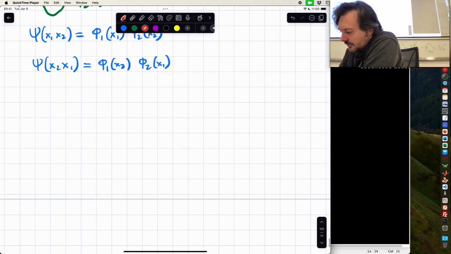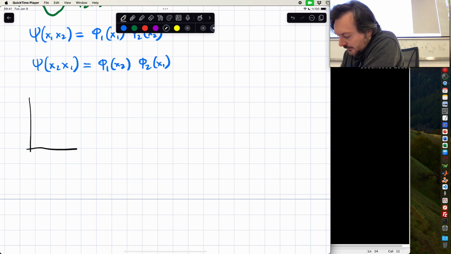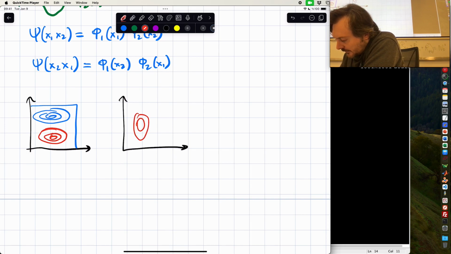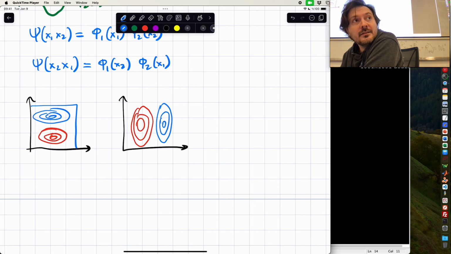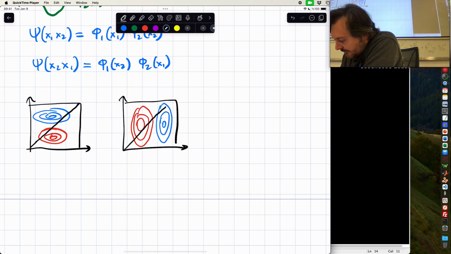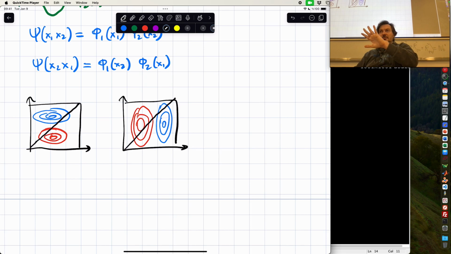Now, the other two functions that we have seen today, one of them looked like this, and the other one is 90 degrees rotated, right? And we can see why they are not symmetric. Am I going too slow? Yes? No? Okay. So do you see that if you flip along the diagonal, they don't map back to themselves, right?